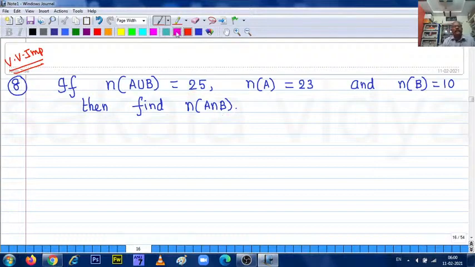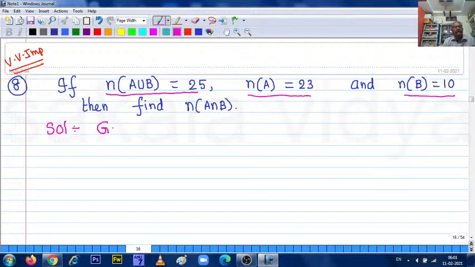First, write down the given data. What is the given data? n of A union B is equal to 25, n of A is equal to 23, n of B is equal to 10. n of A intersection B is equal to question mark. So the first solution we need to write like this.